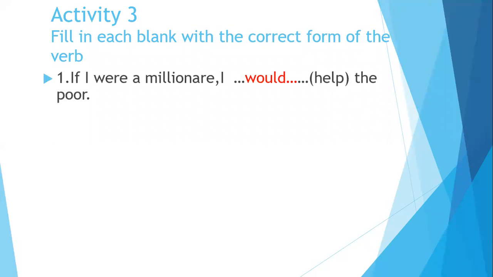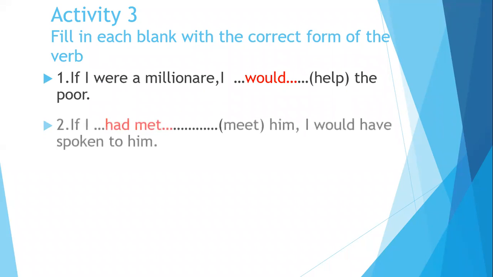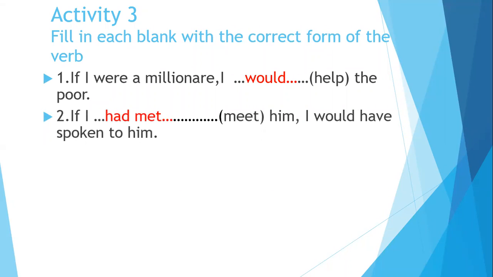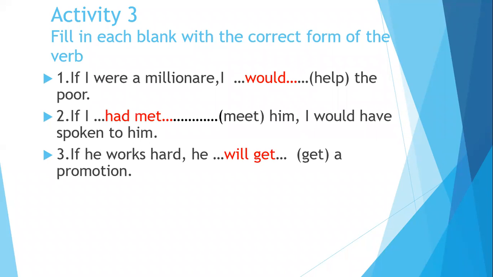First one. If I were a millionaire, I would help the poor. If I had met him, I would have spoken to him. Third one. If he works hard, he will get a promotion.